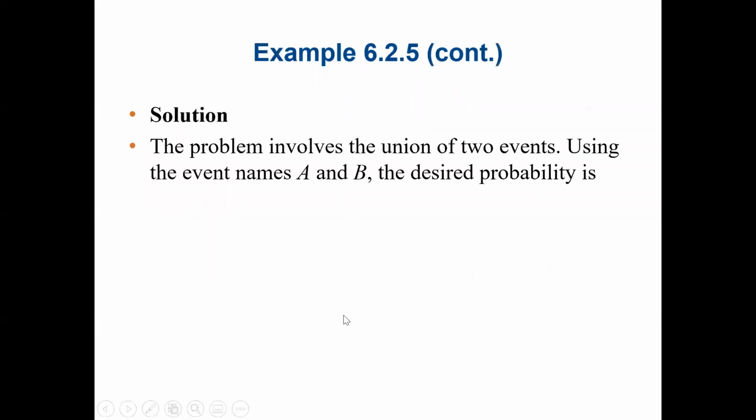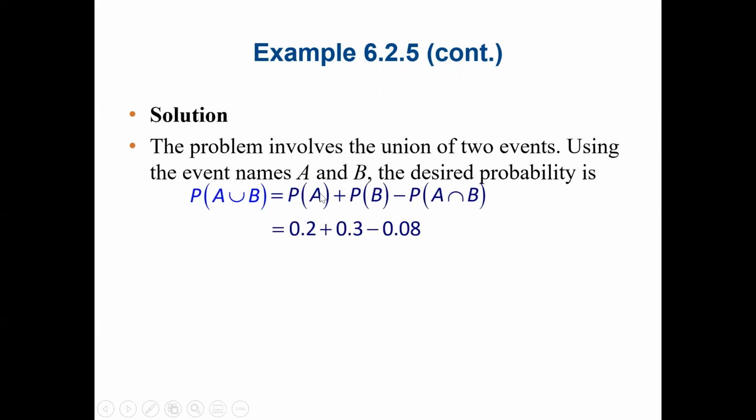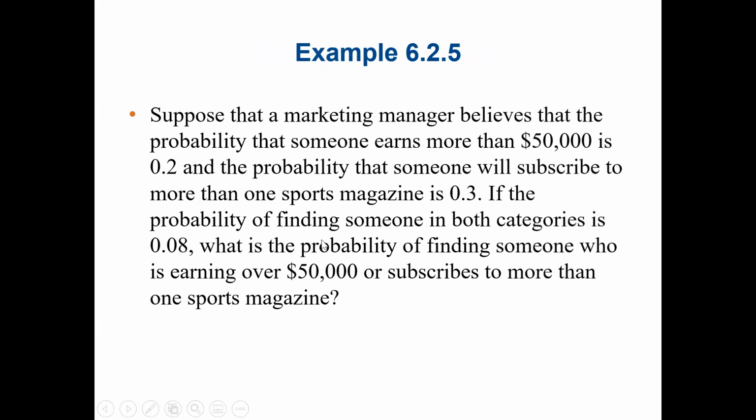So the problem involves the union of two events, using events A and B. The probability of A union B is the probability of A plus the probability of B minus the probability of A intersect B. We know the probability of A will be 0.2, since earning 50,000 is 0.2.